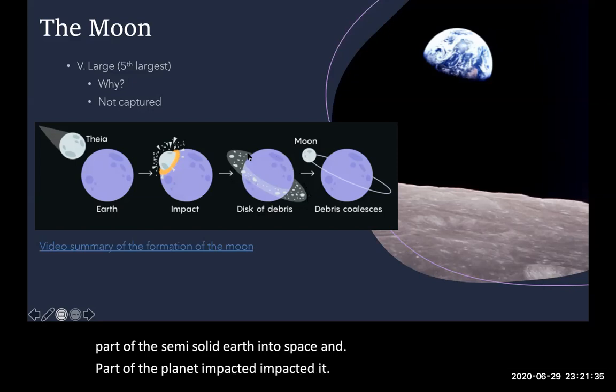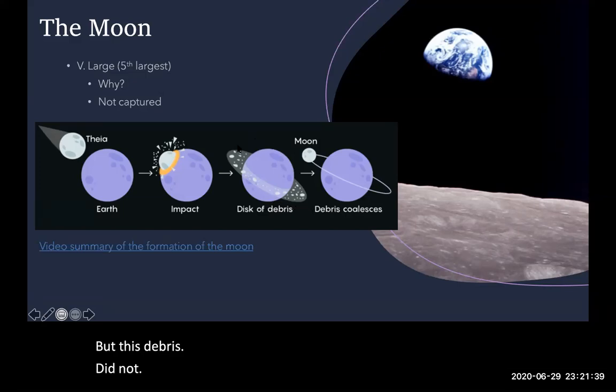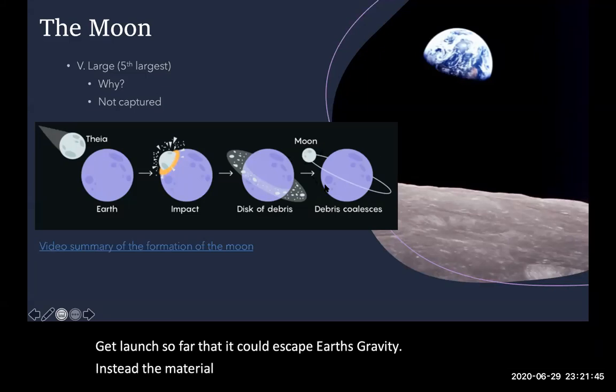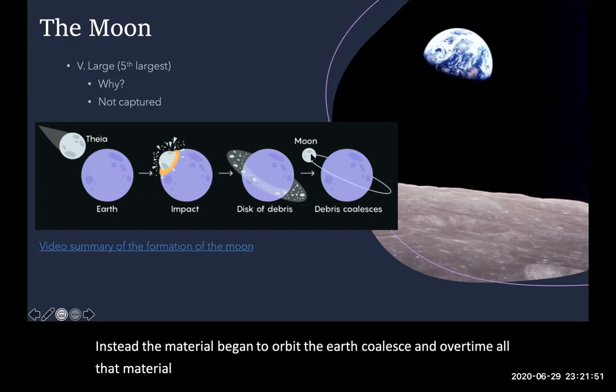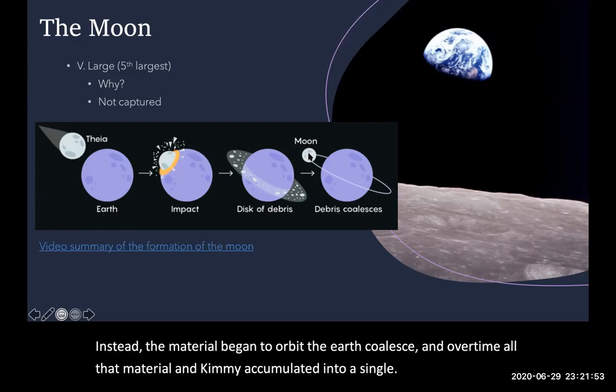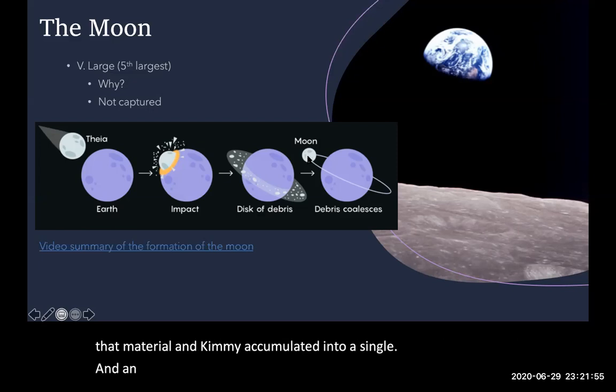But this debris did not get launched so far that it could escape Earth's gravity. And instead, the material began to orbit the Earth, coalesce, and over time, all that material accumulated into a single mass, which is today the moon.